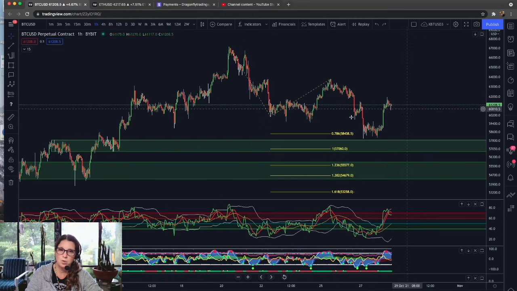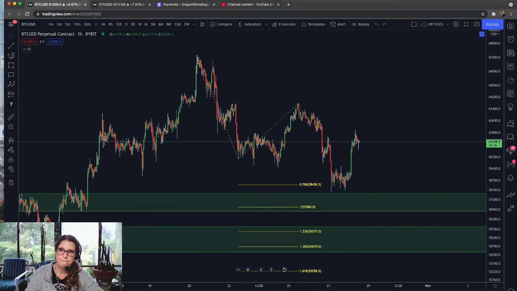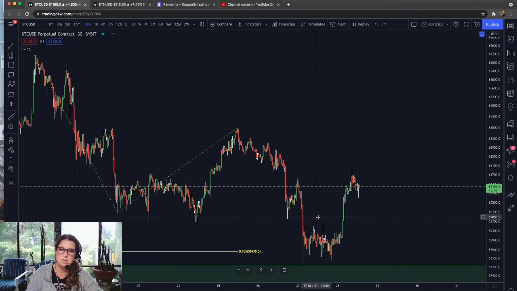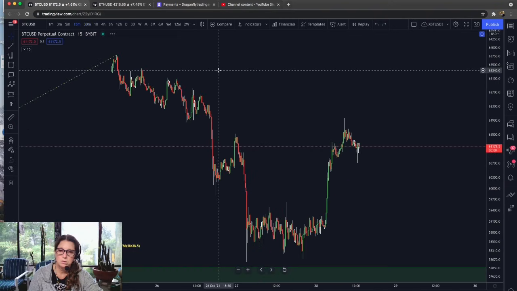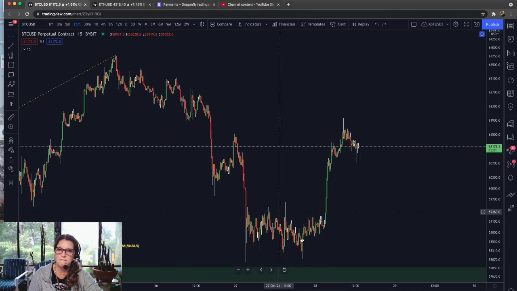And let's talk about what I think's going on here. When I look at this bottom down here, and I'm going to get in a little closer here, this looks all three wavy to me. That's why I felt like it was a fourth and it was going to get a fifth to the downside.